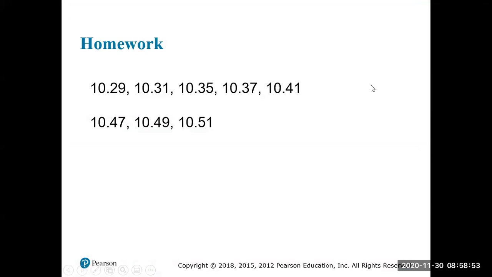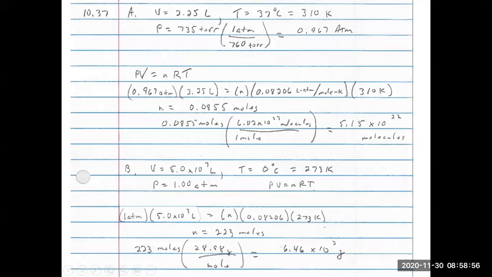So we want to take a look at what our values are. Our volume is 2.25 liters. Our temperature is 37 degrees C, and we want our temperature in Kelvin, so we convert by adding 273 to the 37 degrees C, and the number we're going to use in our calculation is 310 Kelvin. The pressure was 735 torr.